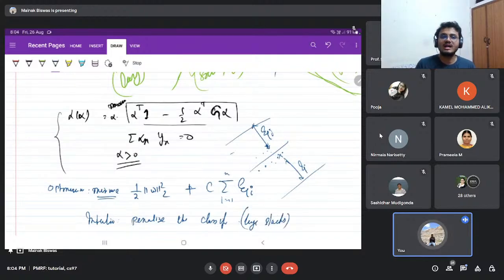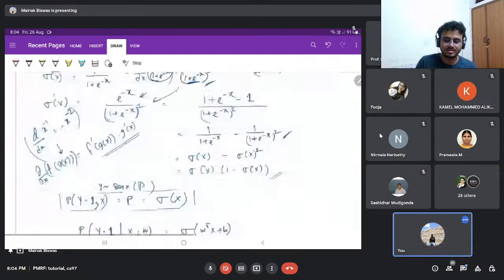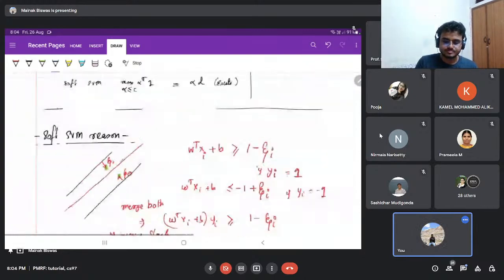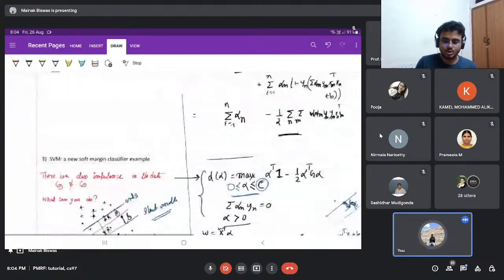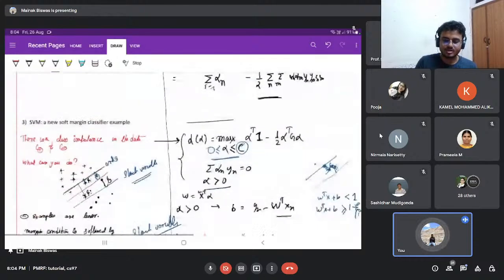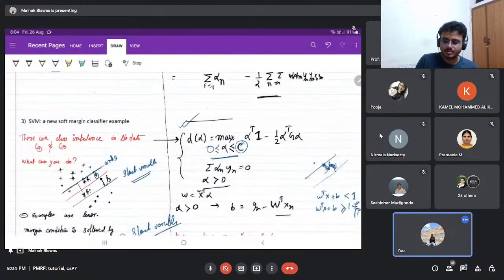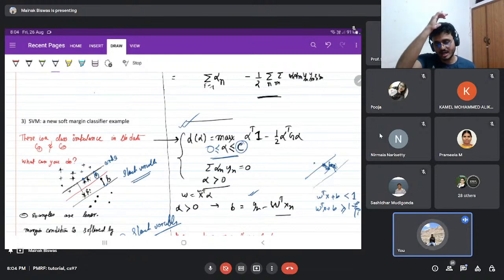So you don't want large slack variables, have small slack variables, so you add this. So this C is what is exactly added in this equation. So this is added here, I'll show you. So this is what we will be coding. So that's why you introduce it. So instead of having unbounded alpha, we'll be having this equation where alpha is bounded by some C. Now we cannot have any alphas.